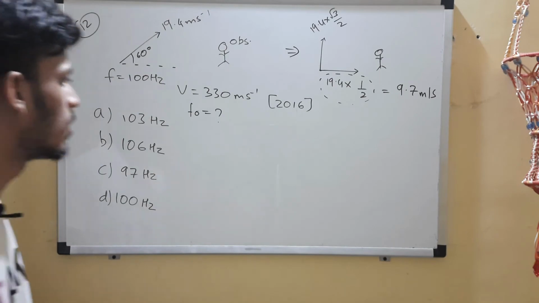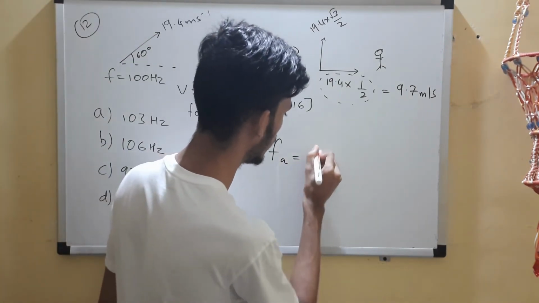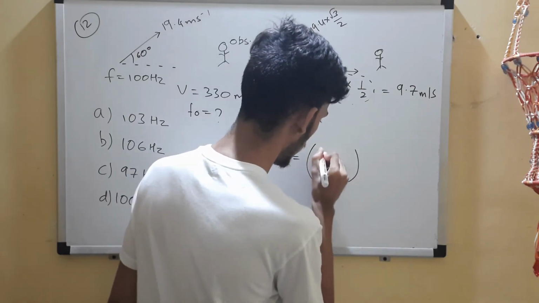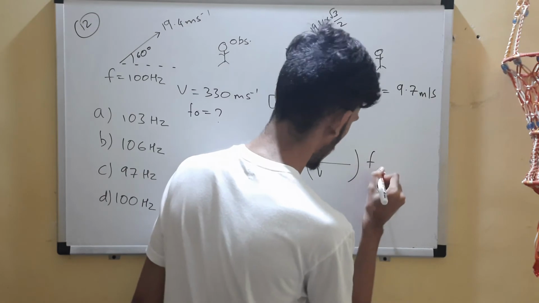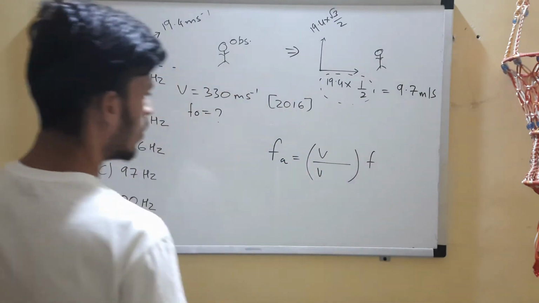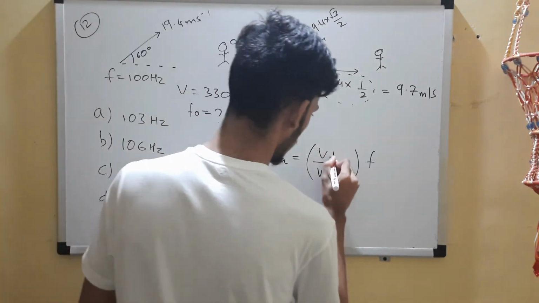Now we can use the Doppler formula. The apparent frequency, or the observed frequency, will be given as V by V, and here it is the original frequency. If you see, the observer is at rest, so plus 0.